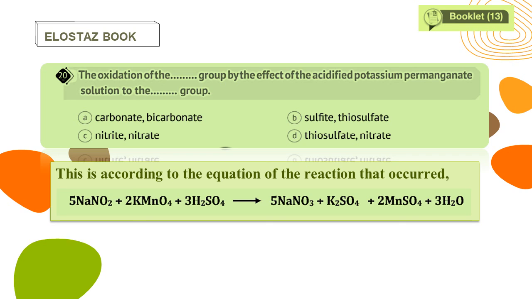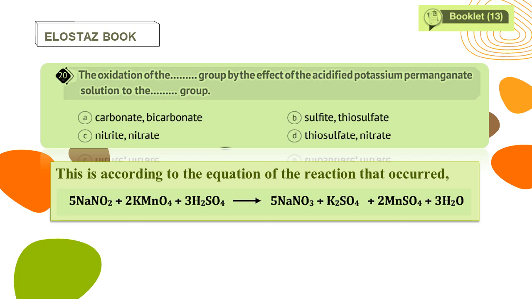But according to the equation, the effect of acidified potassium permanganate will be oxidation of the nitrite group. NaNO2 plus KMnO4 plus sulfuric acid H2SO4 will give what? It will oxidize. Oxidation means it will increase the number of oxygen atoms in the product.